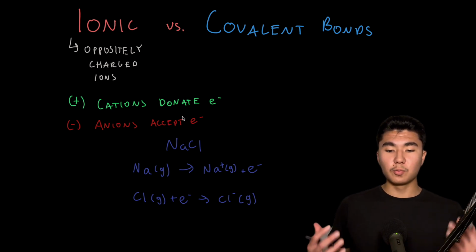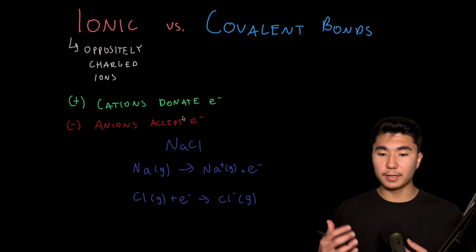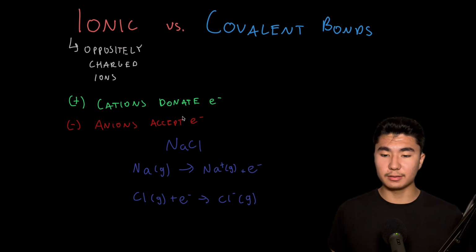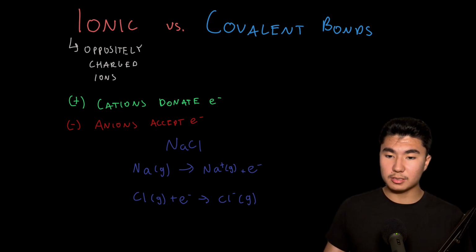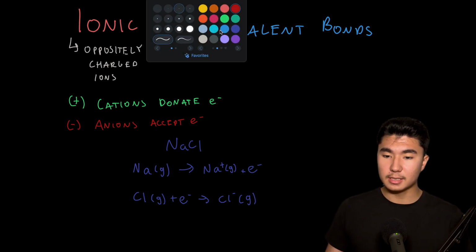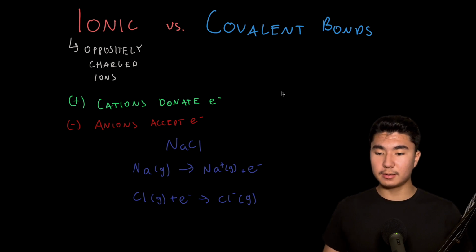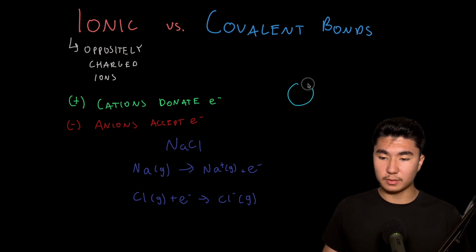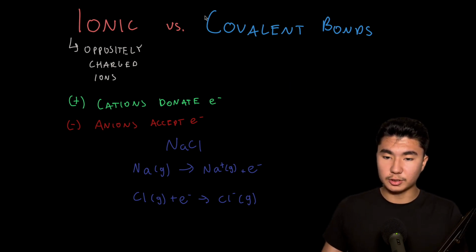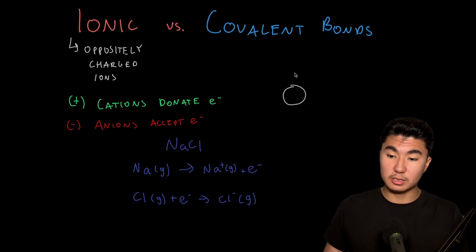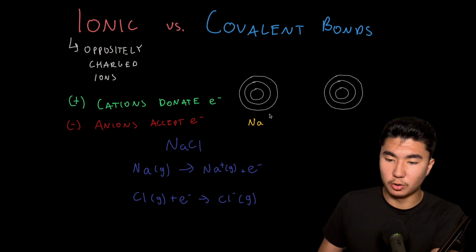Now, the reason why cations donate their electron and anions accept it, we'll talk about sodium real quick to illustrate this. Let's say this is our Bohr's model diagram of sodium.